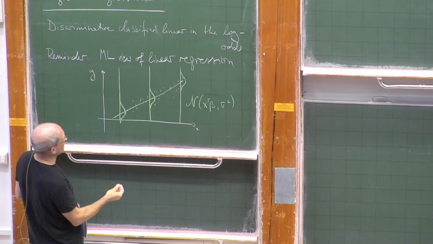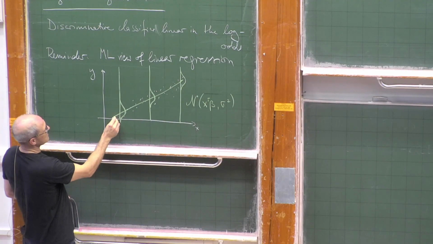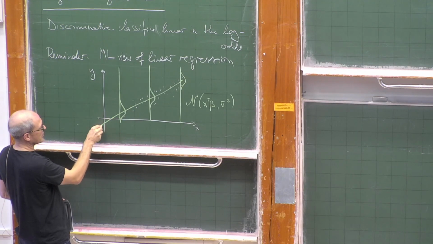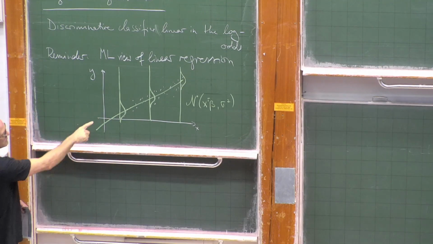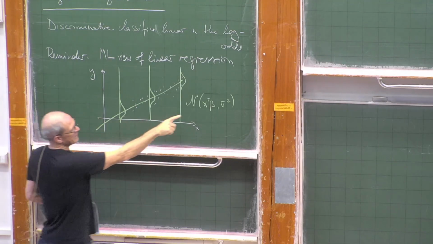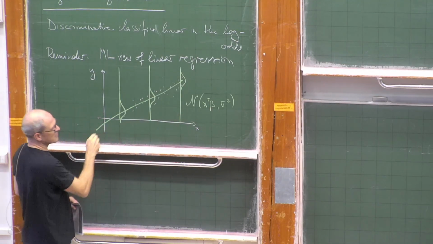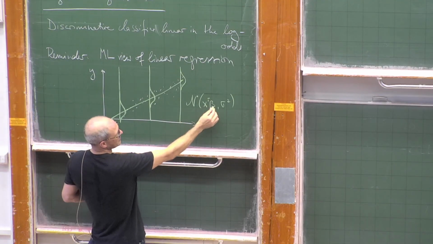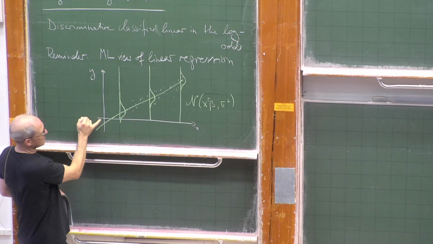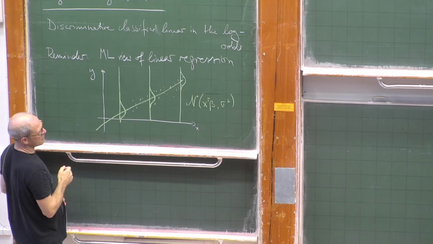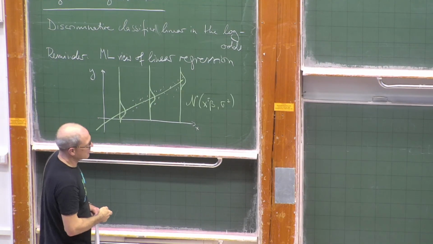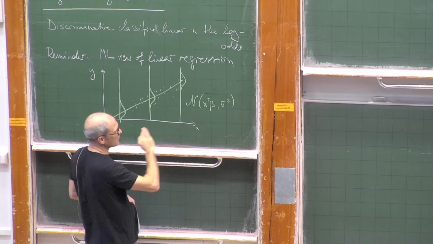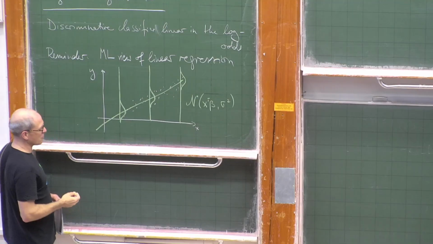Okay, short side note: this straight line here is not going through the origin, and yet when I write x transpose beta, it sounds like it should go through the origin. Because if I set x to 0, well, 0 times beta is 0. And this is shorthand notation. What I'm normally using are these homogeneous coordinates.